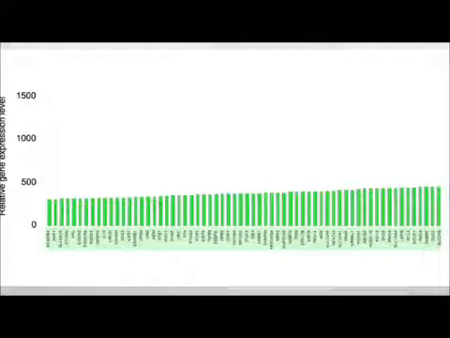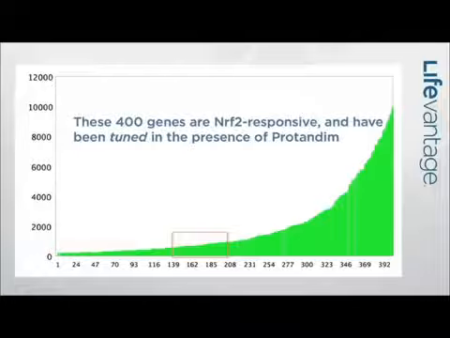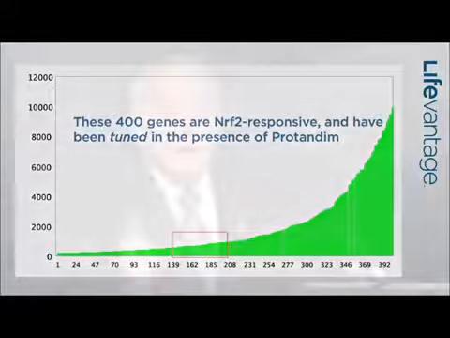What we've learned in the last 5 years is that it affects not only those 63 genes, but these 400 genes, right? So 3 of those are SOD, catalase, and glutathione peroxidase. Have we realized that protandem does a lot more than that? You bet. We went from 3 genes to 400 or 500 genes that we're now talking about.